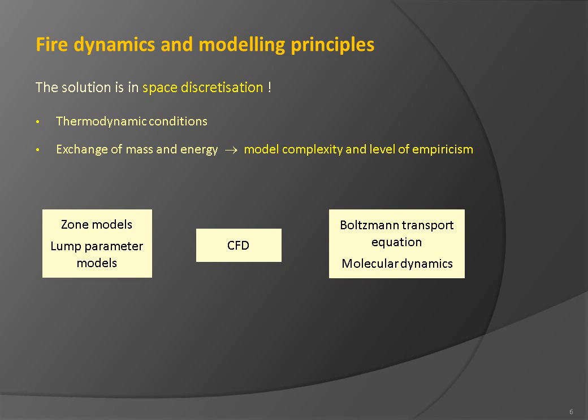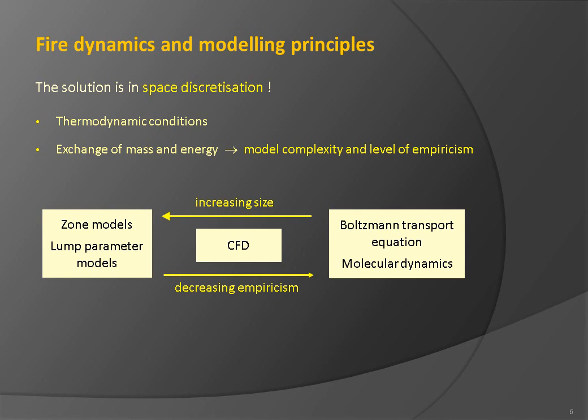In general, the larger the control volumes for which conservation equations are solved, the larger the degree of empiricism required. On the left side of the block diagram, we have zone and lumped parameter models where the control volumes are the largest and the degree of empiricism is high. It has to be recognized that it is also hard to generalize such models for different fire situations.